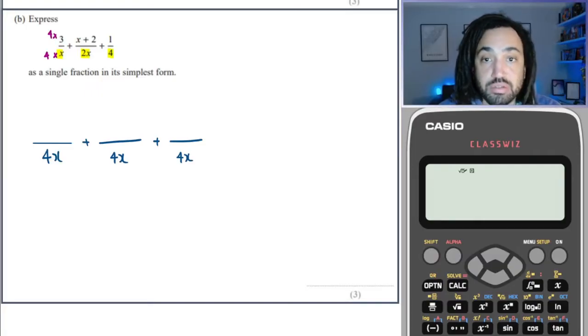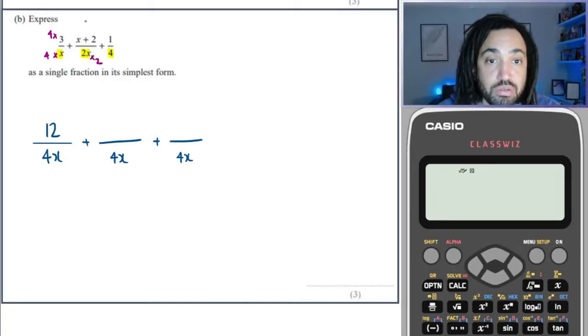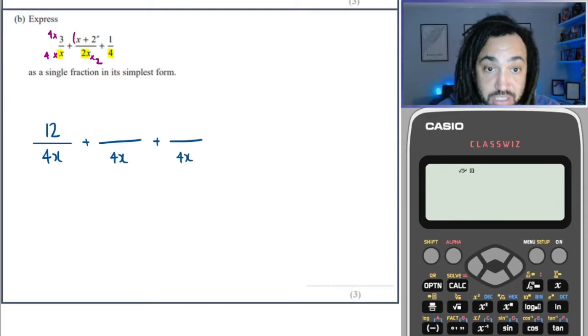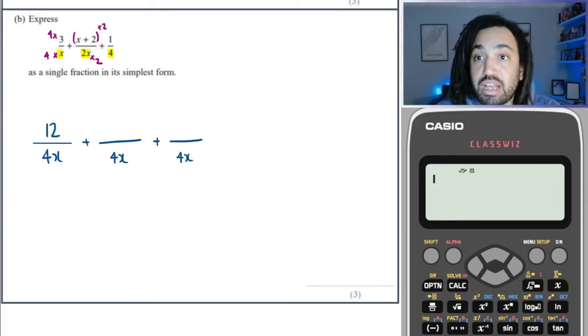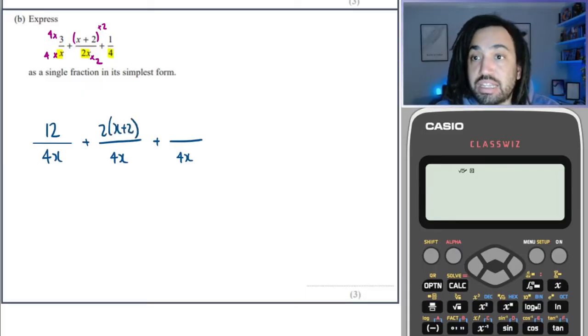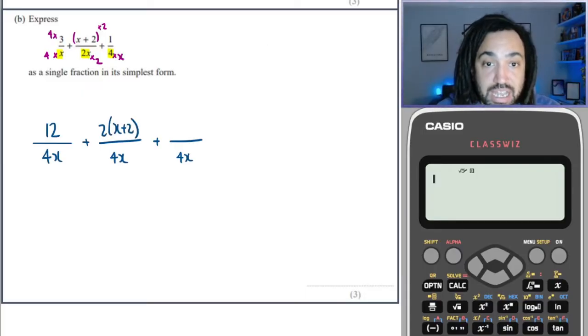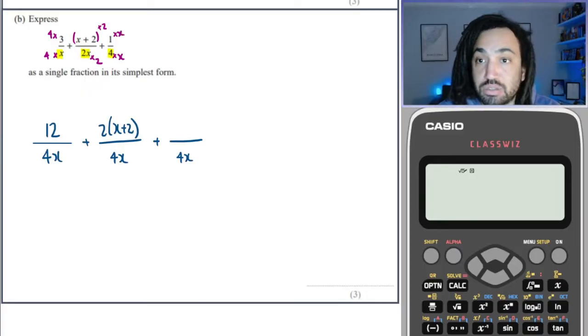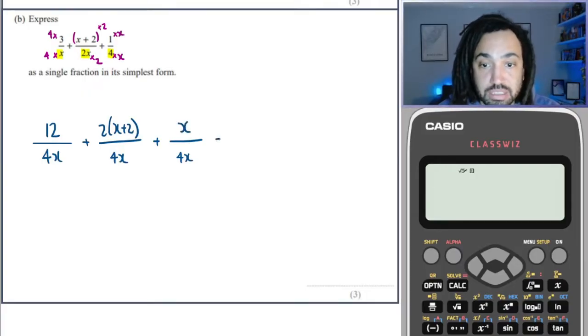So I do the same to the top, and that gives me 12. What have I got to times this by to get 4x? I've got to times it by 2. So I'll do the same thing to the top in brackets. And this will give me 2 lots of x plus 2. And then this one over here, I need to times by x. So I need to times 1 by x on top, which just gives me 1x.